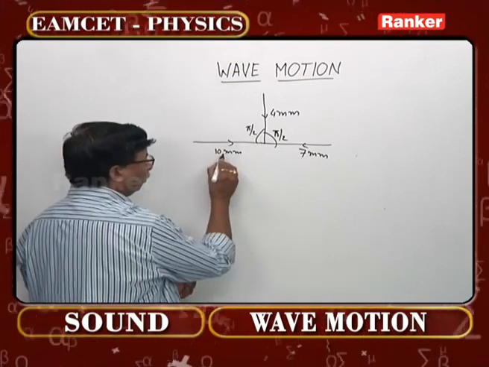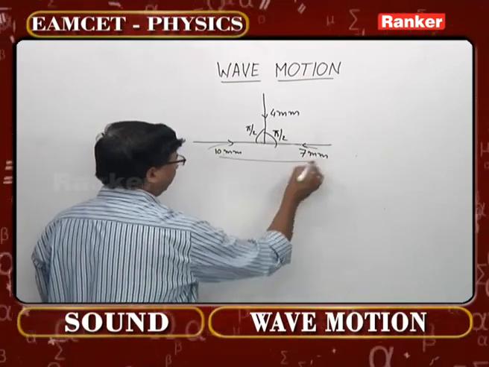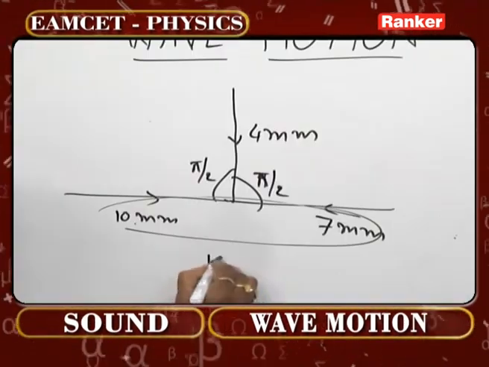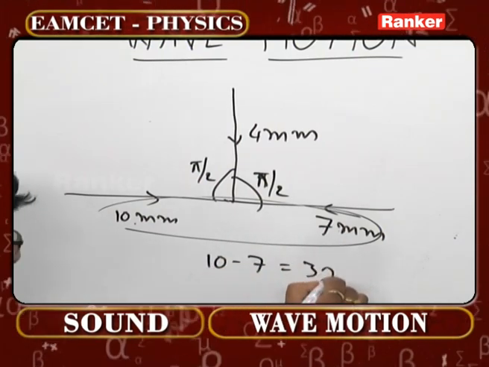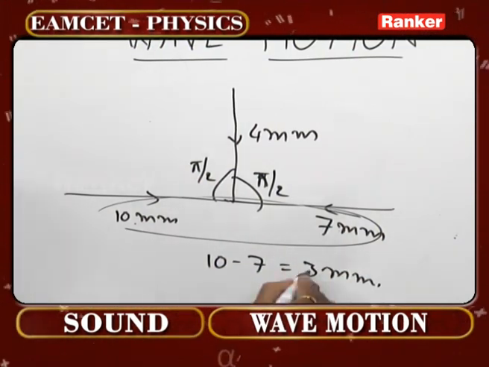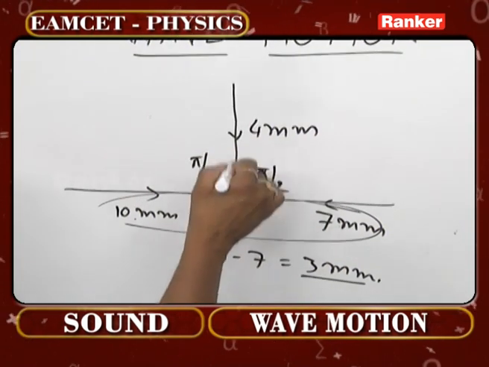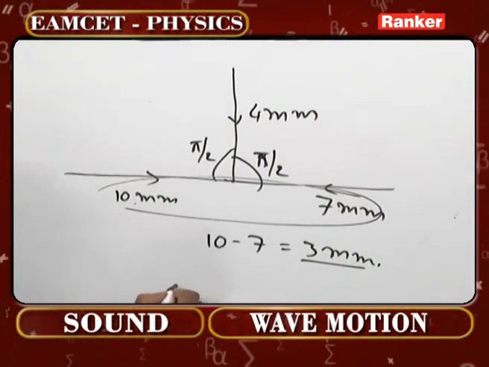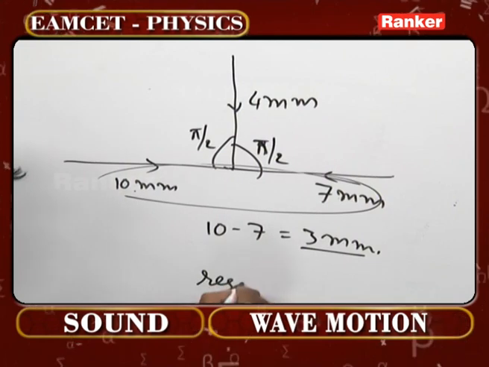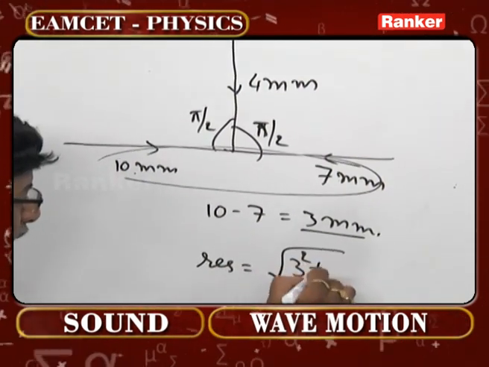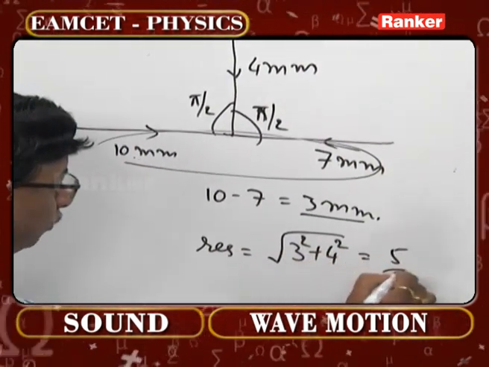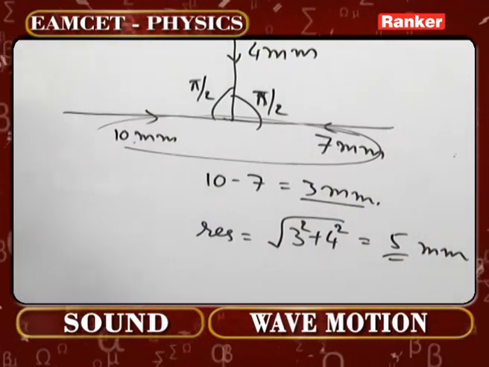Now look carefully. Are they not opposite in direction? Then what will be the resultant? 10 minus 7, which now becomes 3 millimeter. This 3 millimeter and 4 millimeter, are they not perpendicular to each other? Therefore, the resultant in this particular case is root of 3 square plus 4 square, which is going to be 5 millimeter.